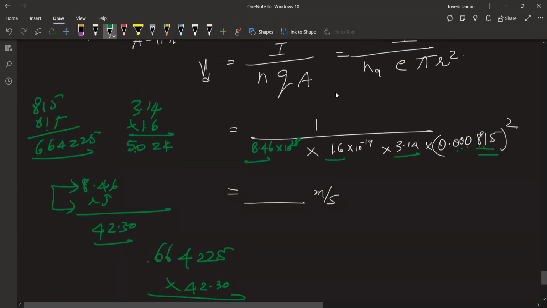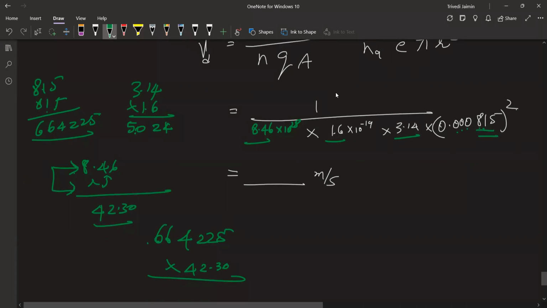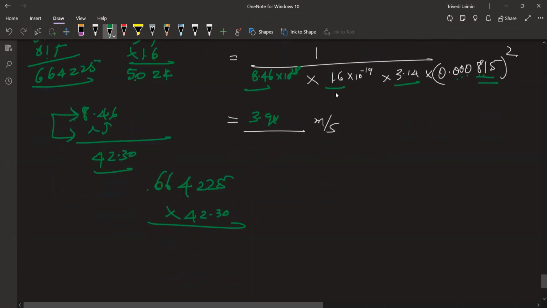You are multiplying step by step, but I did it all mixed up, sir. I got around 3.9, sir. It is a big number, so it's still calculating.